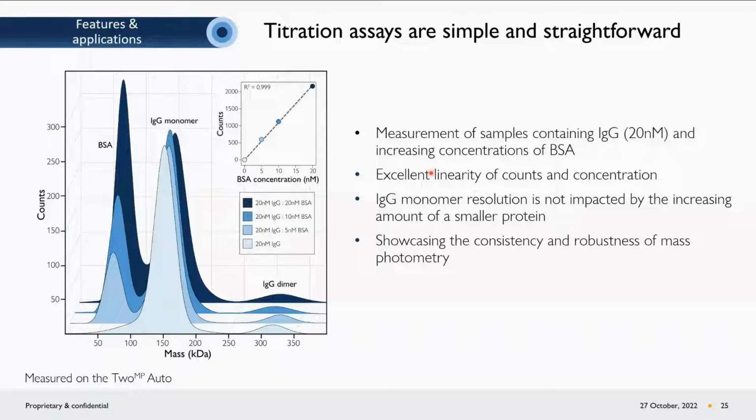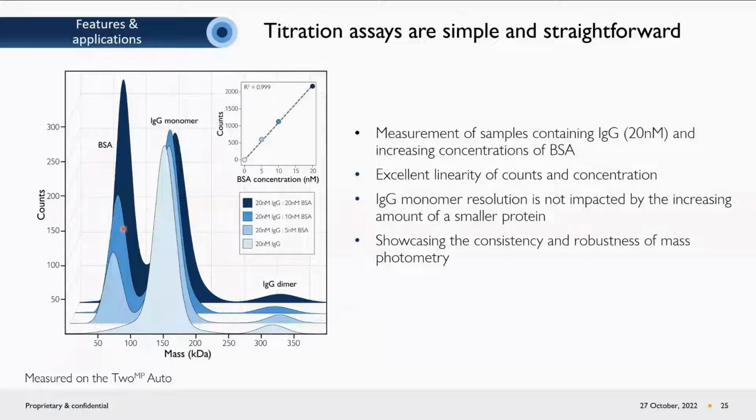What this robot also allows is the automated titration. So what we show here is again the IgG molecule, and then we added increasing concentrations of BSA, the small molecule here. There are 2 things that I'd like you to appreciate here. One is that the counts scale linearly with the BSA concentration added. And something else to appreciate here is that the IgG peak is very stable.